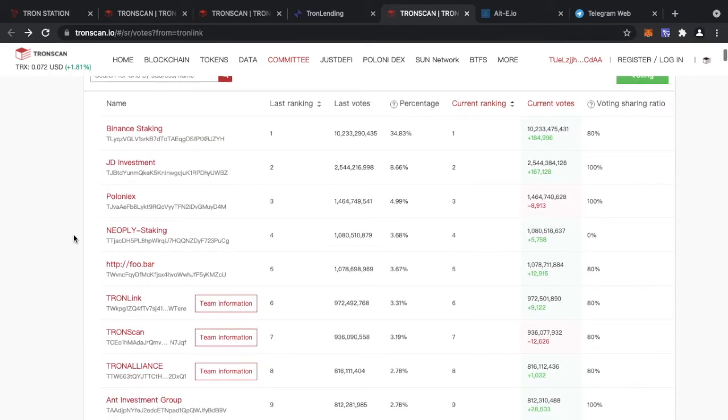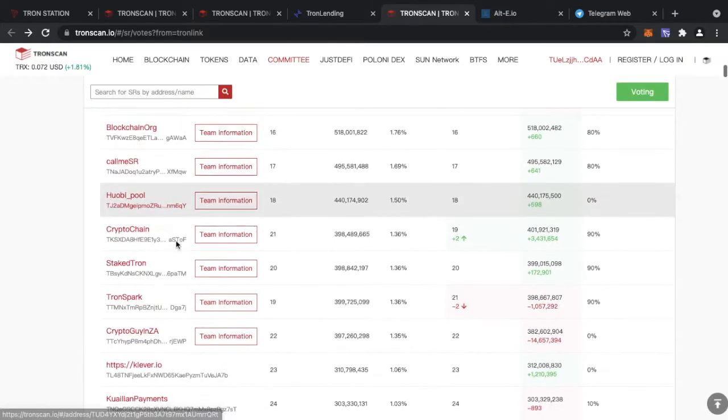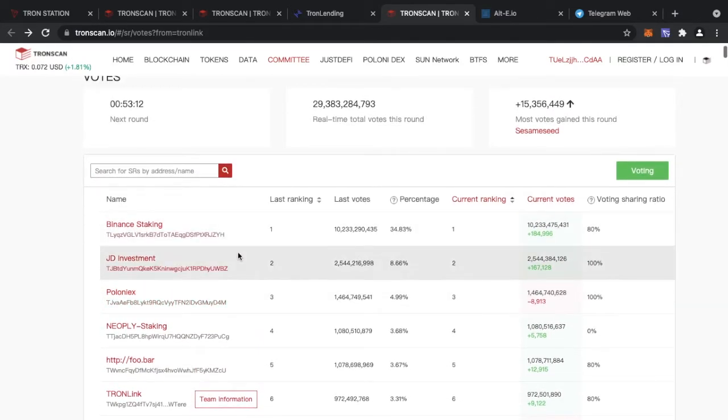So you've got something like proof of stake, proof of work. For every 1 Tron you freeze, you get 1 voting power, and that voting power you can put to any of these super representatives. Each super representative has their own plan, their own distribution, and everything.